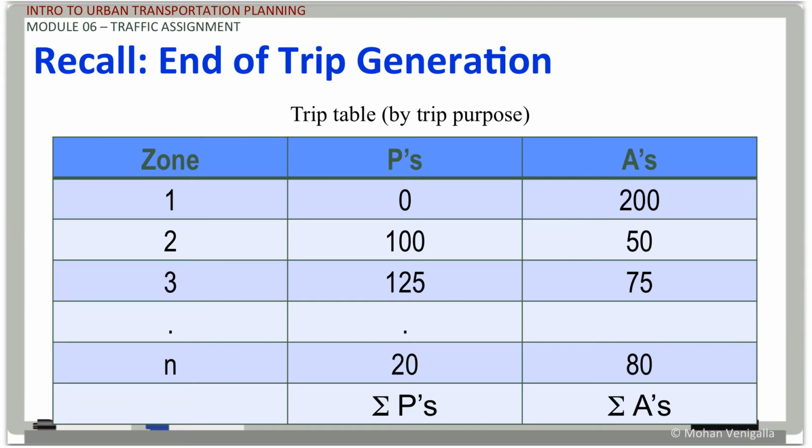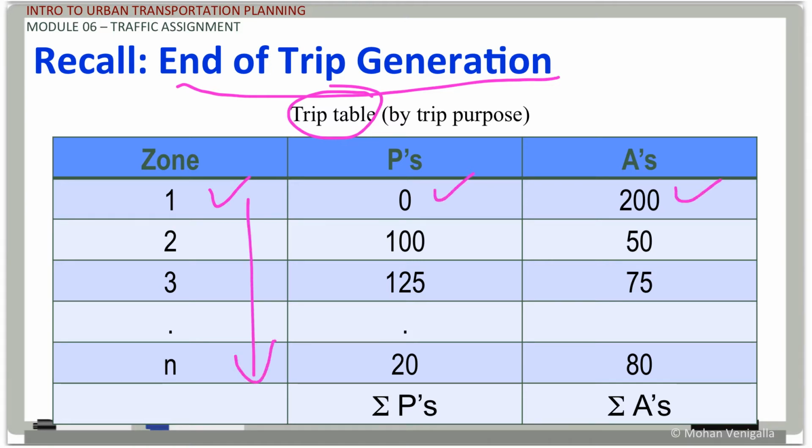Let's recall some of the past. So what did we have at the end of trip generation? We have a trip table. For each zone, you have number of P's, number of A's, and if you had n zones, each zone is like that.